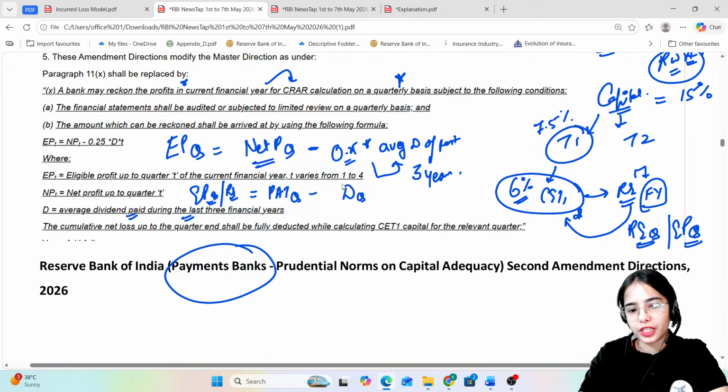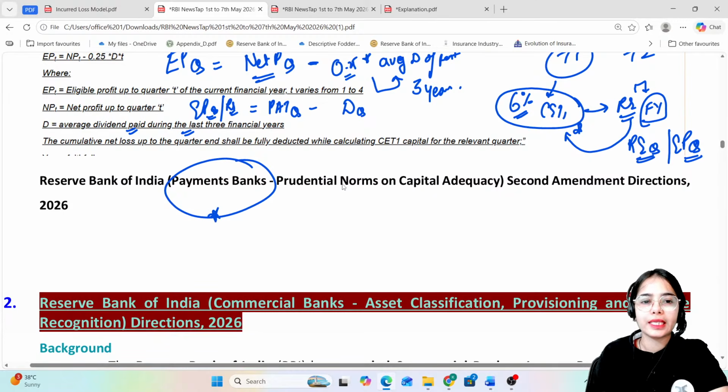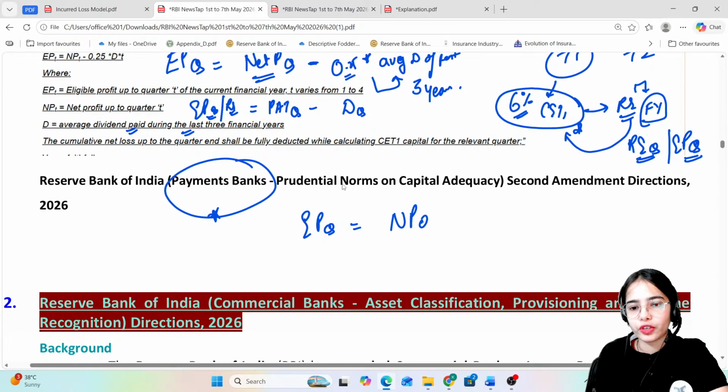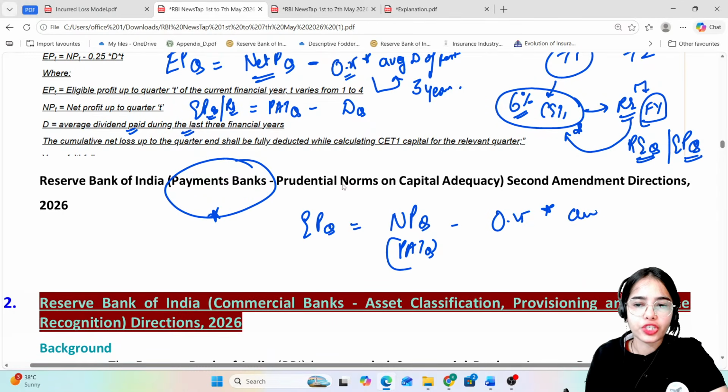The same thing will continue for the payments bank also. The same formula: the eligible profit of the quarter is the profit after tax of the quarter minus 0.25 multiplied by the average dividend paid for the past 3 years.